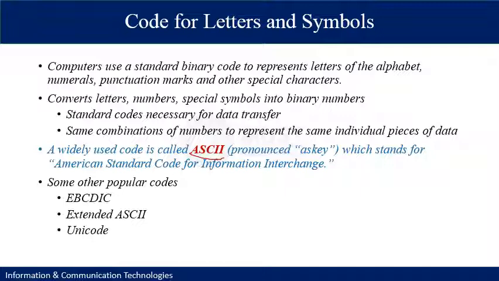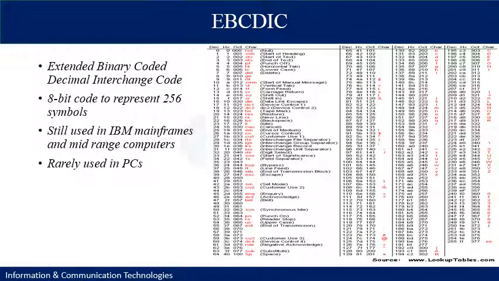Some other popular codes are Extended ASCII, EBCDIC, and Unicode characters. So first we have the EBCDIC, which stands for Extended Binary Coded Decimal Interchange Code, which is an 8-bit code to represent 256 different symbols. So these symbols include alphabets, numbers, and special symbols.